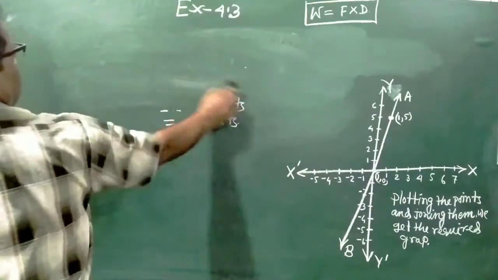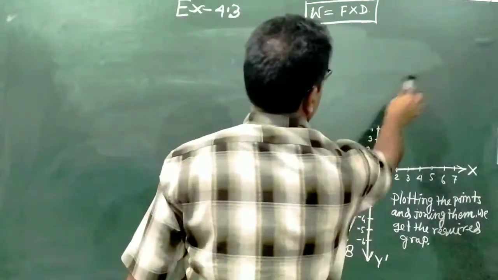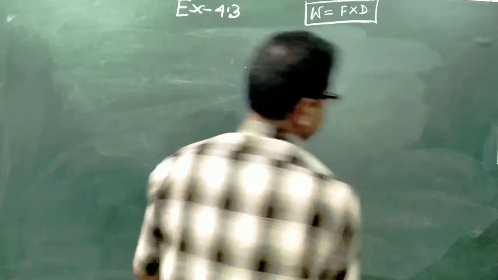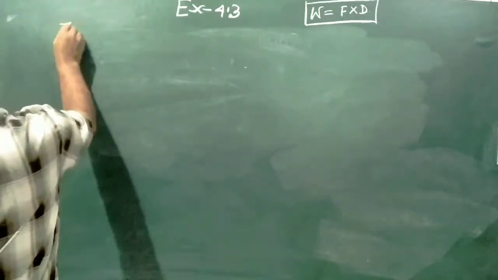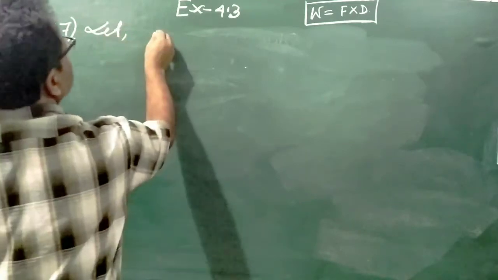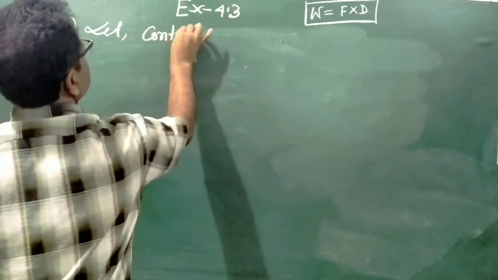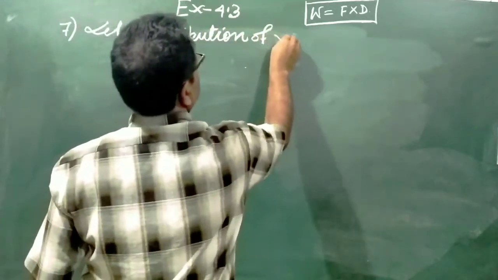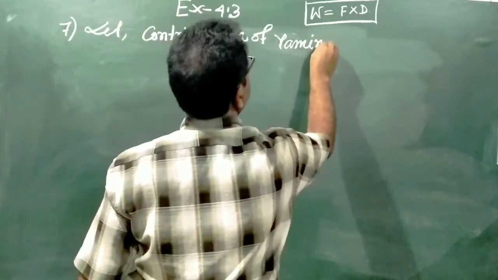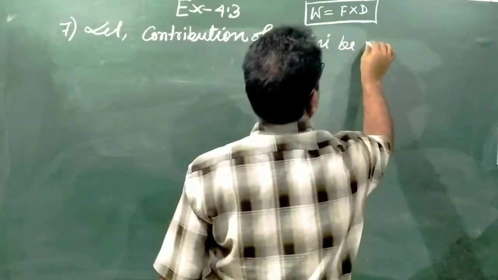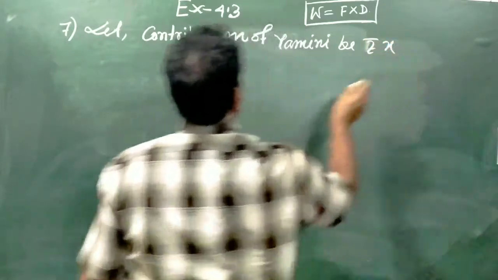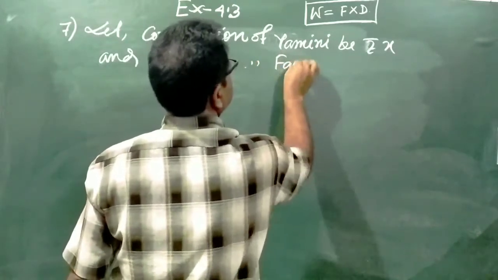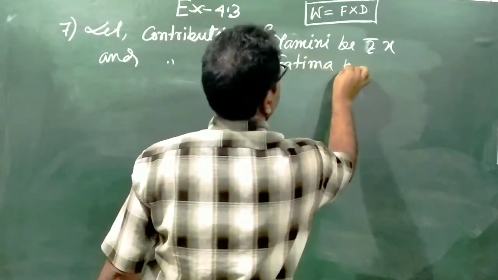So let us suppose Gemini and Fatima, both of them contributed as X and Y rupees. Let the contribution of Gemini be X rupees and the contribution of Fatima be Y rupees.